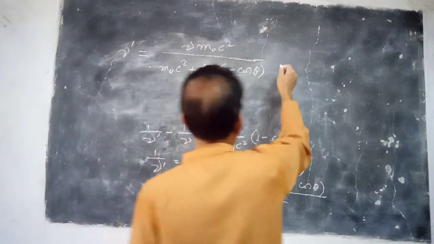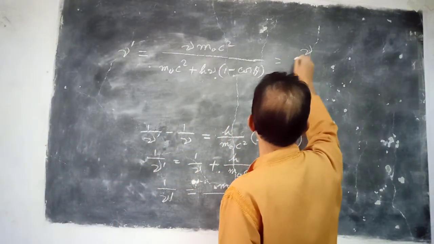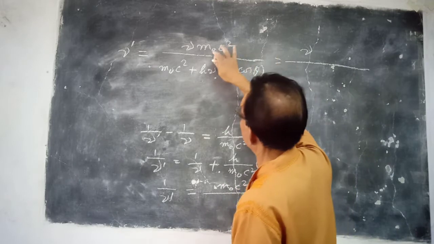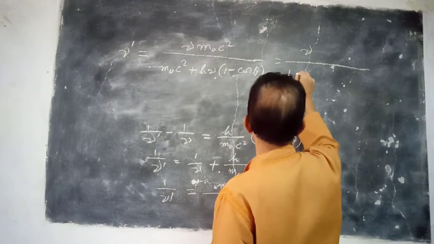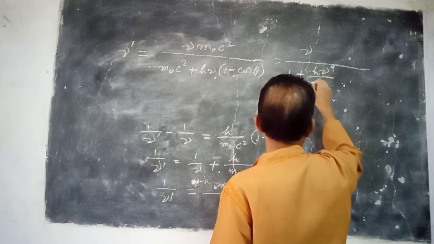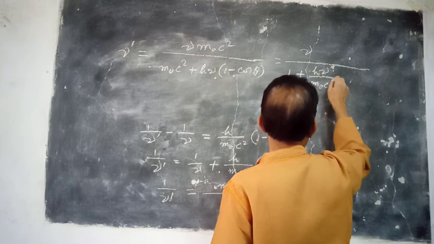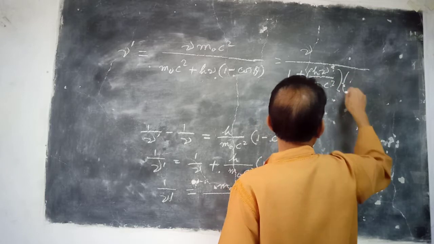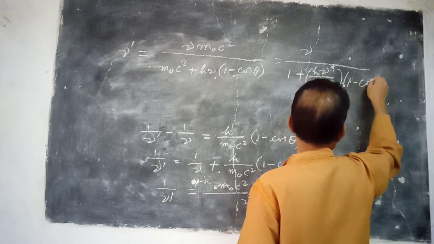Or it can be written as nu divided by 1 plus h nu by m0 c square into 1 minus cos theta.